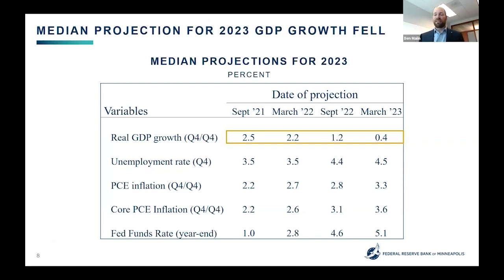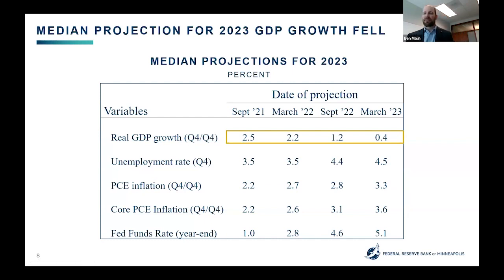It's not the median projection at different points in time, but the median projection for these variables at the end of this year, the end of 2023, made at different times. This first column would have been the median projection for the end of 2023 that was made in September of 2021. So you see real GDP growth, 2.5%.